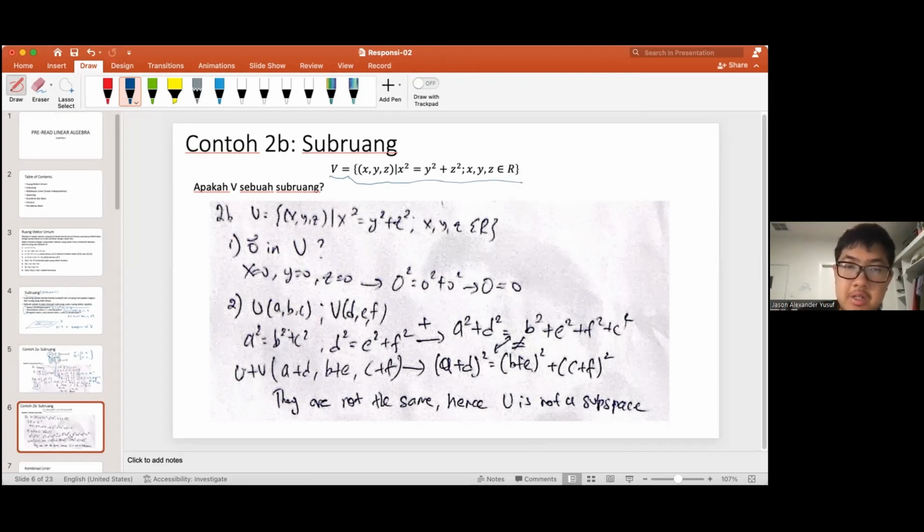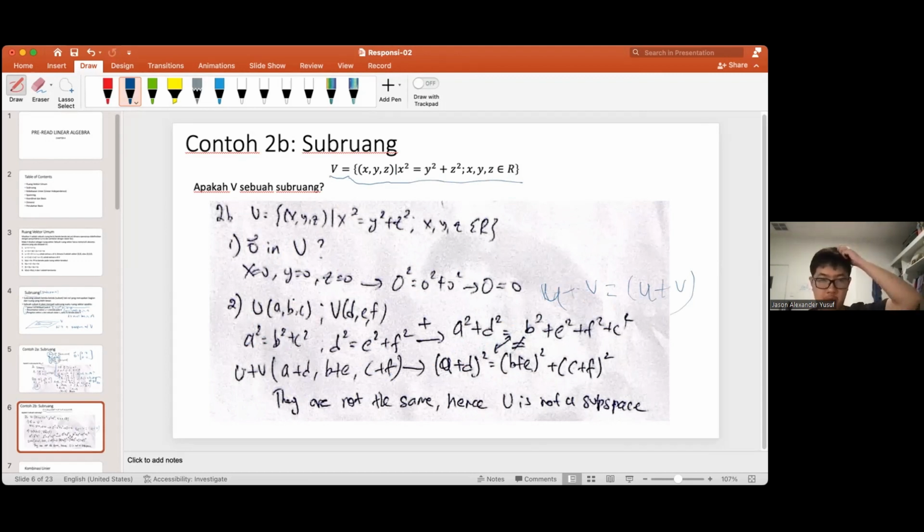Yes, it is. If we apply U and V, is U plus V equal to U plus V? Well, as you can see, no, it's not. They're not the same. This and this are not the same.